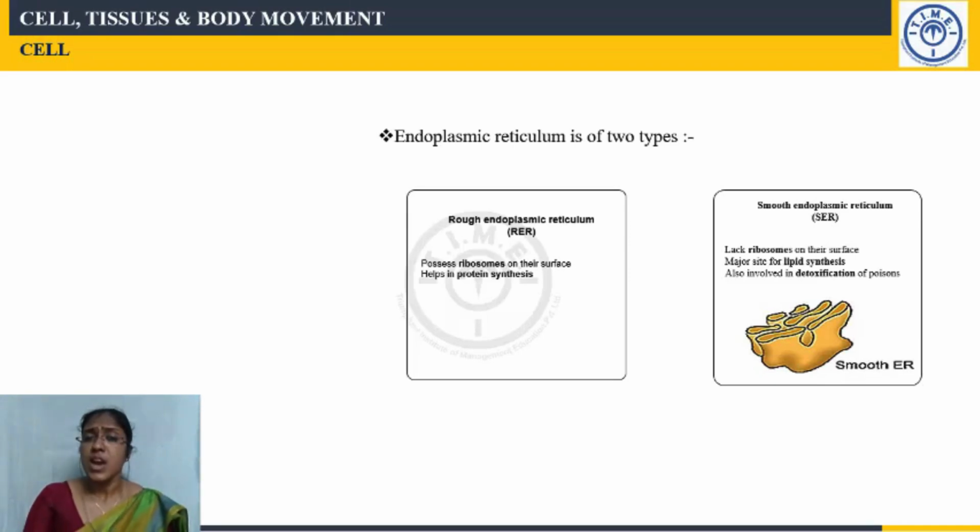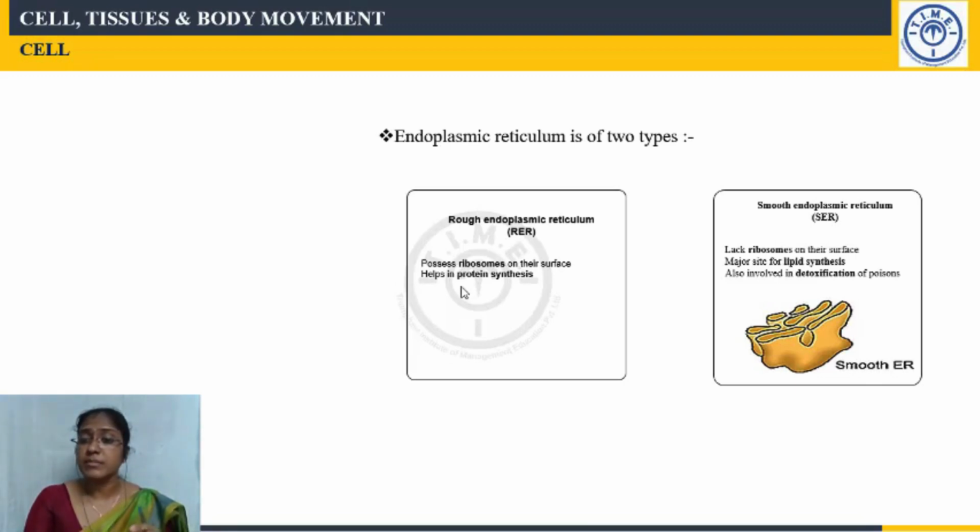Why is it called rough endoplasmic reticulum? Because of its appearance. The endoplasmic reticulum which has ribosomes on its surface is known as rough endoplasmic reticulum. They help in protein synthesis.